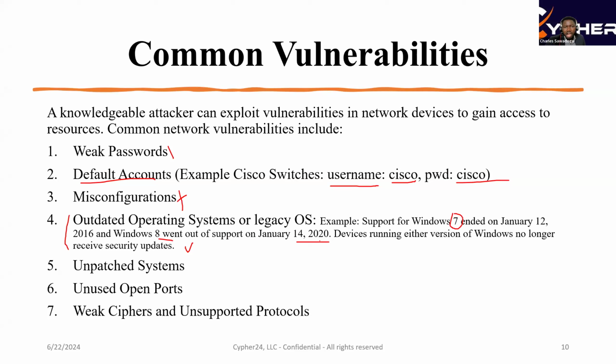So we need to change the code of the application to accept Windows Server 2012 or 2016 or 2019. But that takes time, right? So that's why some companies are still using legacy operating systems, and it becomes a vulnerability for them.